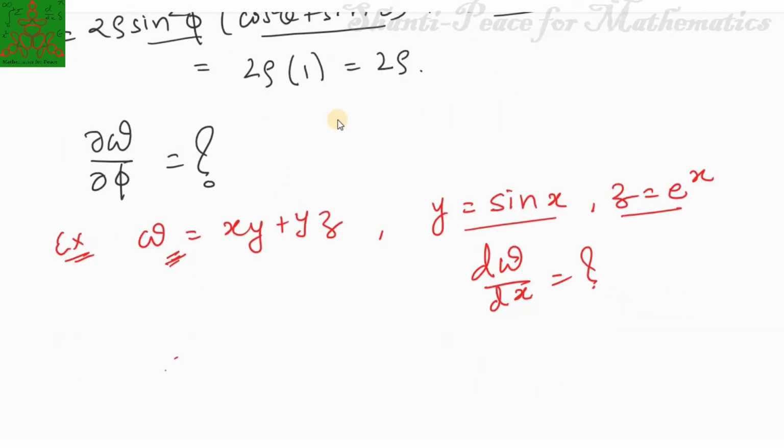So let us draw the tree diagram here. Here w is a function of 3 variables, that is x, y and z.